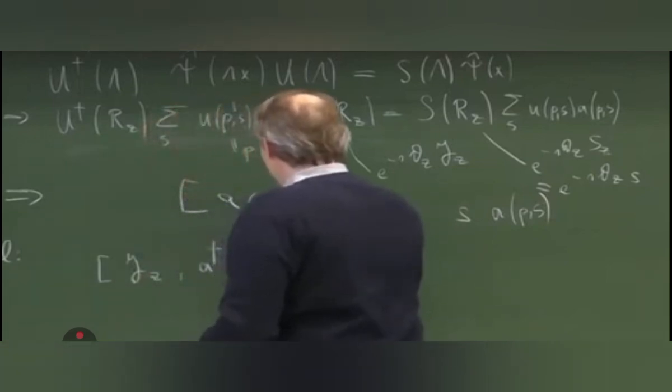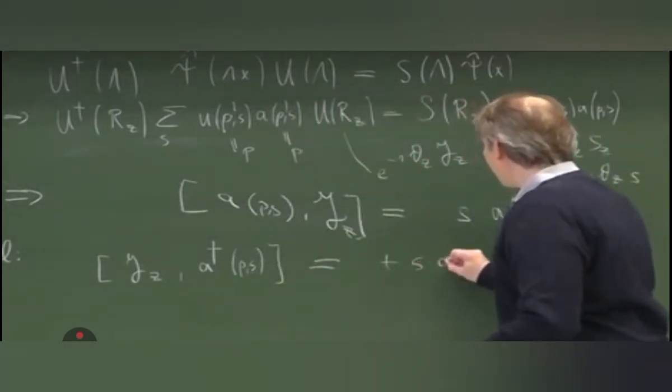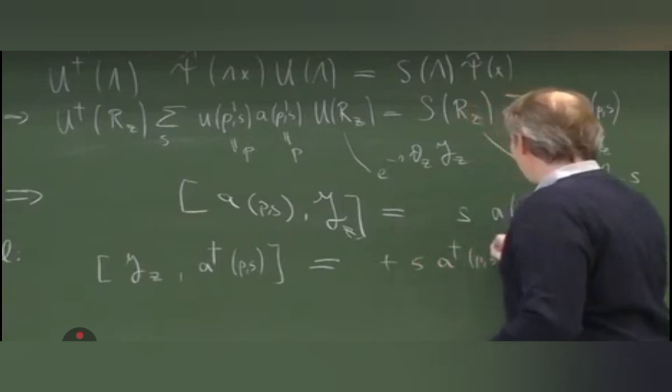In general, we obtain now the following, all written in a uniform way. Jz with A dagger of p comma s, this commutator, is now plus S times A dagger of p comma s. So you get that directly by daggering the previous equation.